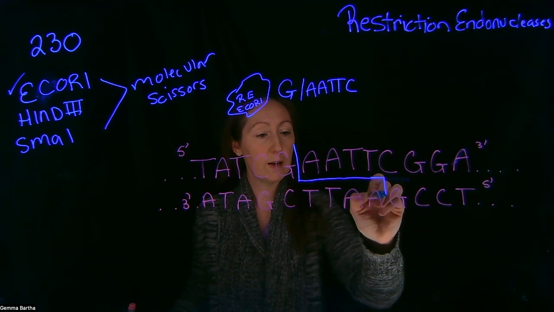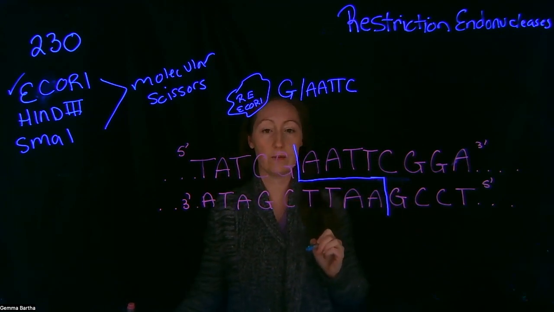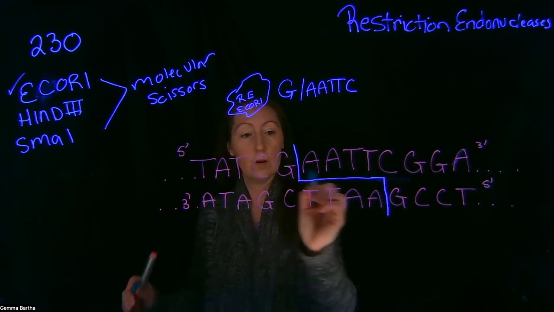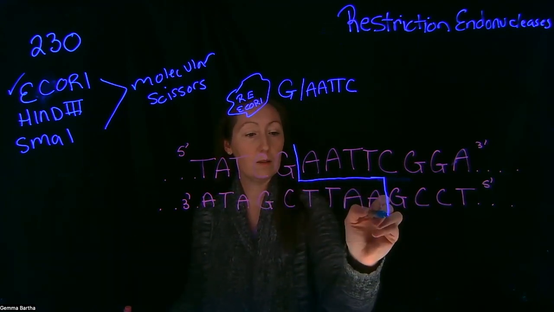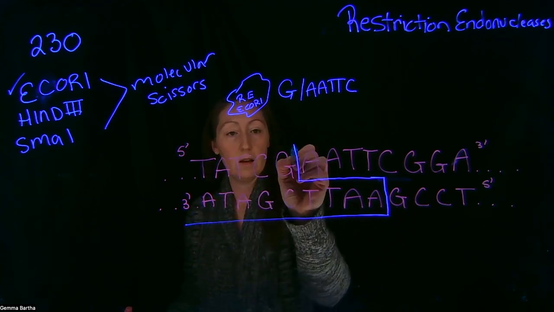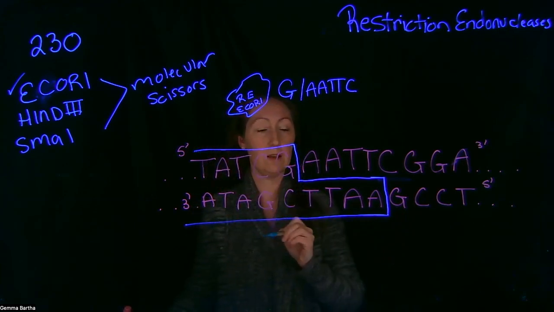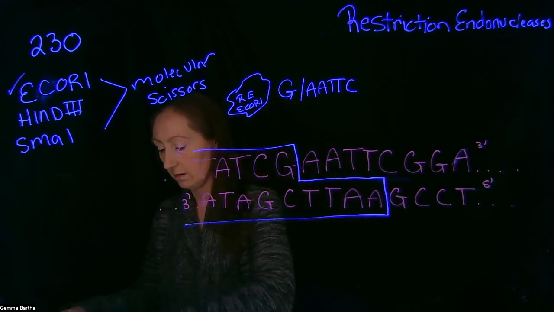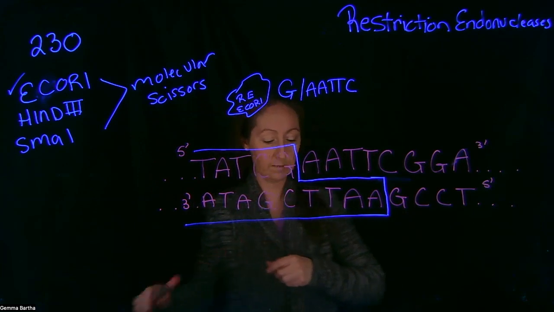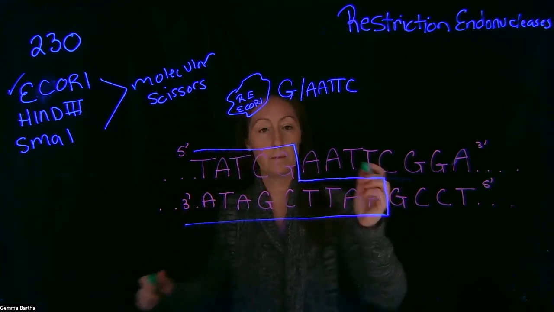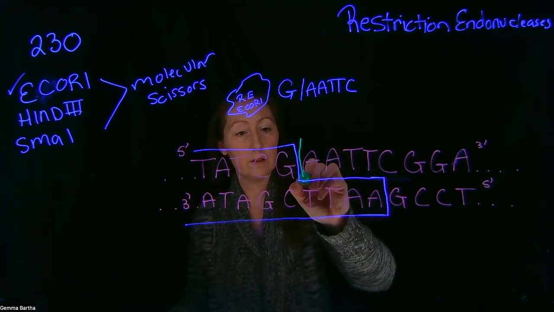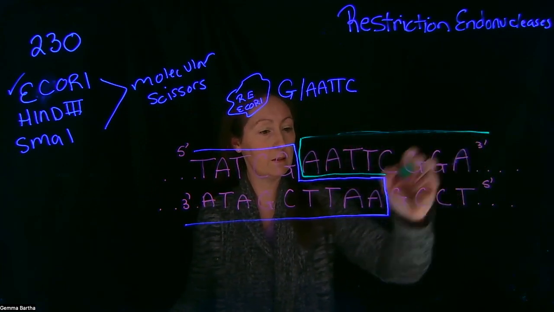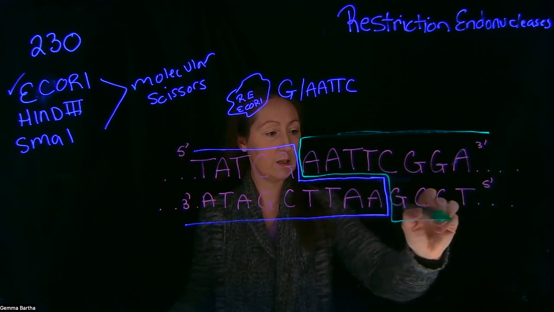And then it's going to break again through this sugar phosphate backbone. Now we are left with one piece here of DNA, and then we are left with this piece of DNA.